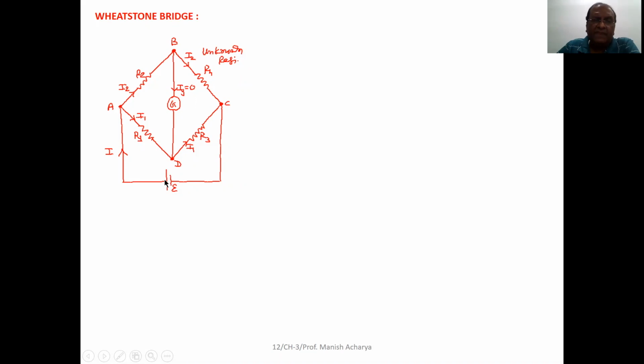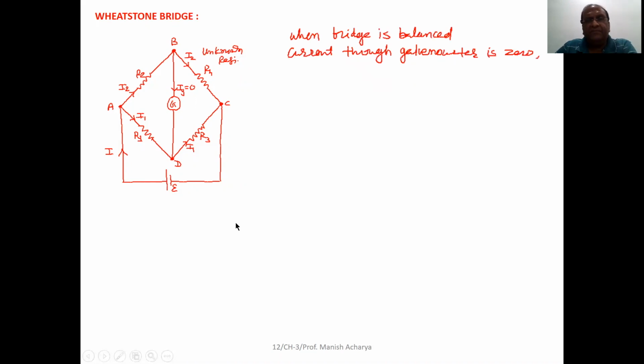Now here, suppose battery supply total I current to the circuit. Now here we have to adjust the values of these resistances R1, R2 and R3 such that the current in this particular branch B to D, that is 0.